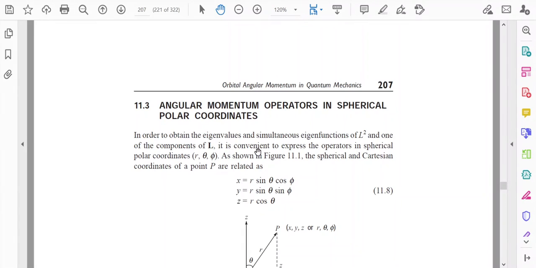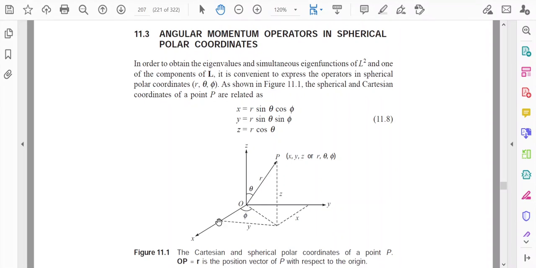Now it is convenient to express the operators in spherical polar coordinates. It means that we will express the operators in terms of r, theta and phi. You see that x, y, z is a three-dimensional Cartesian coordinate system, and any point, suppose the point P, can be expressed with some coordinates x, y, z.